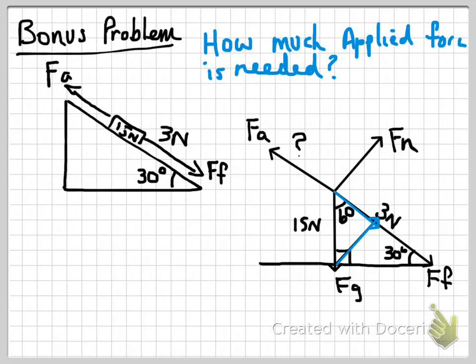Notice that if this is a 30-degree angle and we've got a right angle, then the other angle has to be 60. Then when we draw this other little triangle, we know that we have the hypotenuse of that triangle, which is 15. We know the angle is 60, so we can use cosine to try to find the adjacent side. The adjacent side should be the one that's right here that we're looking for.